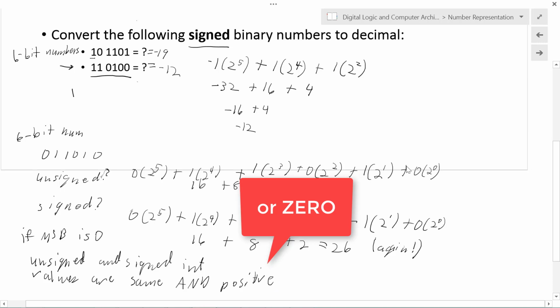So bear this in mind when doing number conversions between signed and unsigned and binary and back.